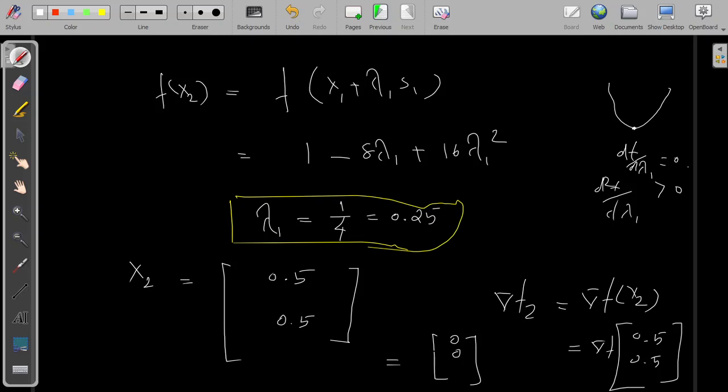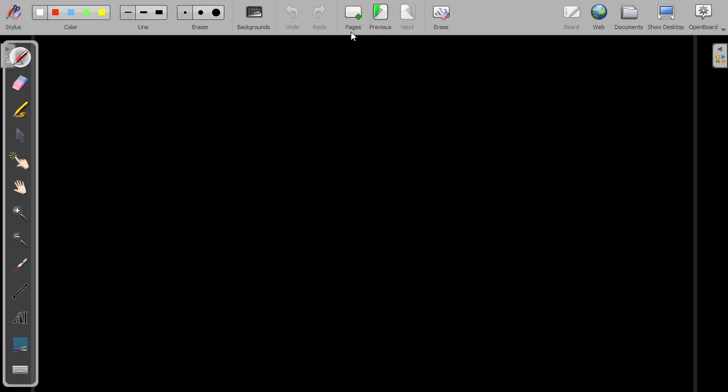That means we cannot optimize the problem further, because we are not getting a direction in which the objective function is increasing. That direction is (0, 0), so there is no point in searching for the optimal solution.